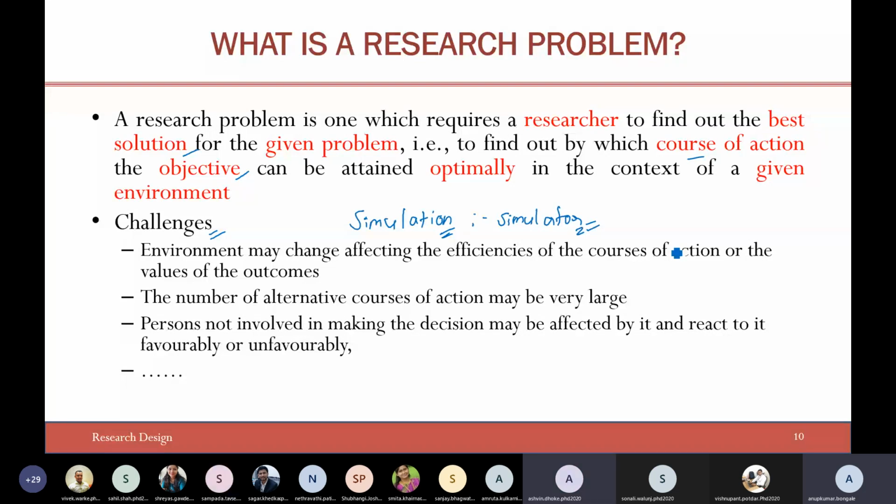Yes, sir. Okay. If you are using a simulator for getting results or understanding or solving a problem, what do you expect? If I ask you, how can I rely on the results of a simulator, what would be your answer?